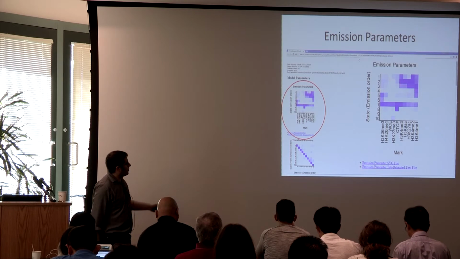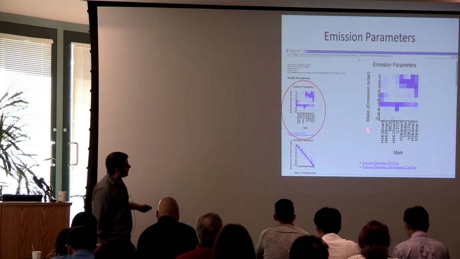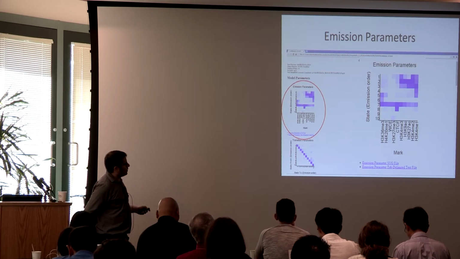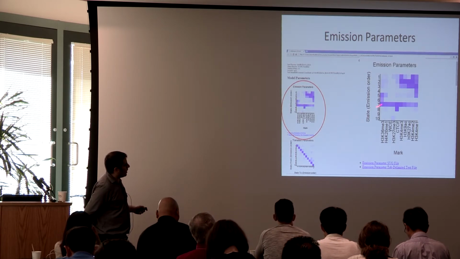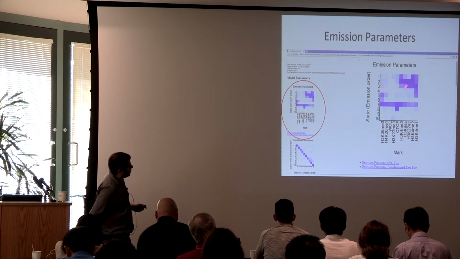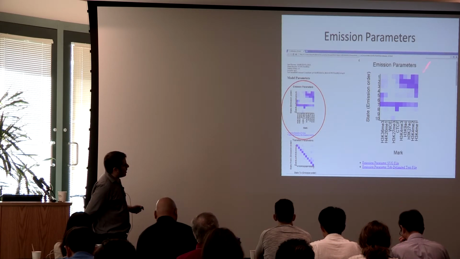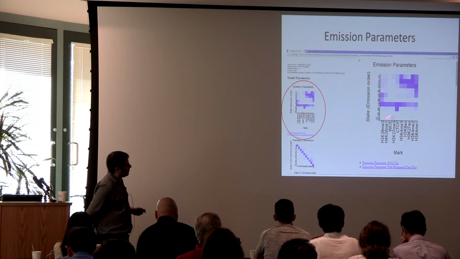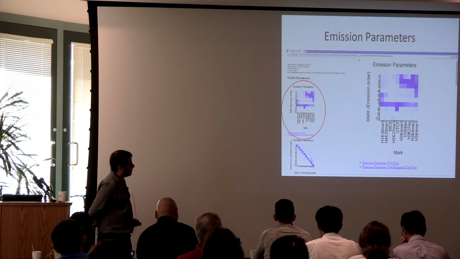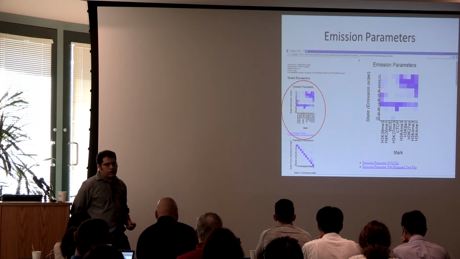Then the first thing, so I'm sort of making bigger what's shown on the left side, is the emission parameters. So it creates here by default a sort of graphic image format. Each row corresponds to a different state, each column is one of the different input marks, and then the darker blue means a greater probability of seeing that mark in that state.